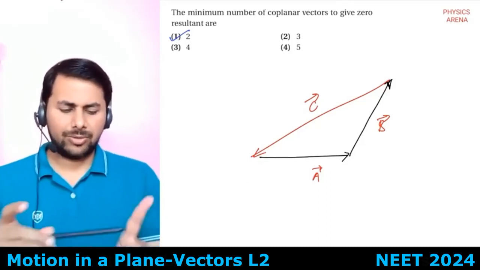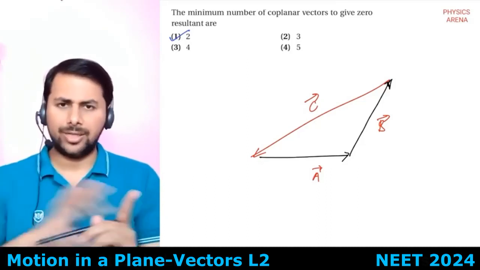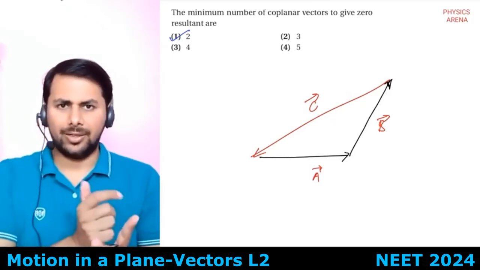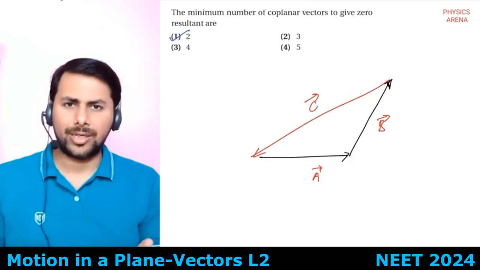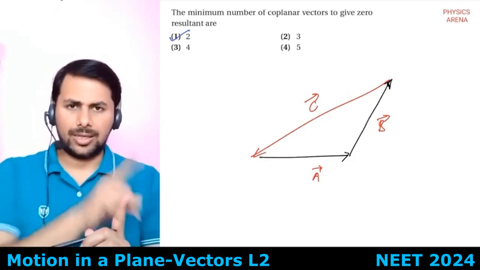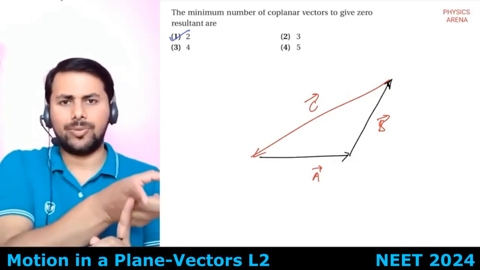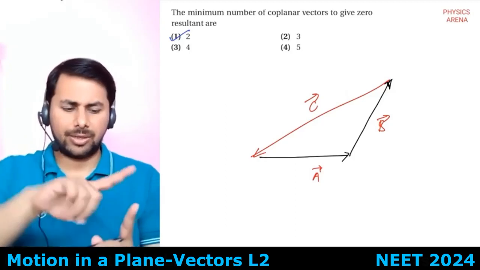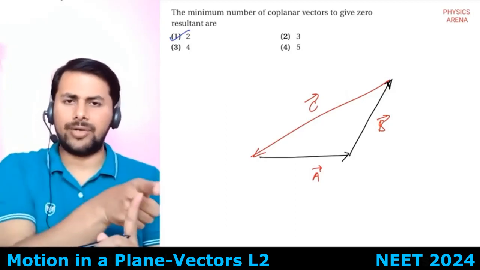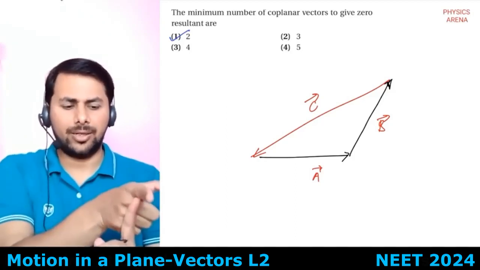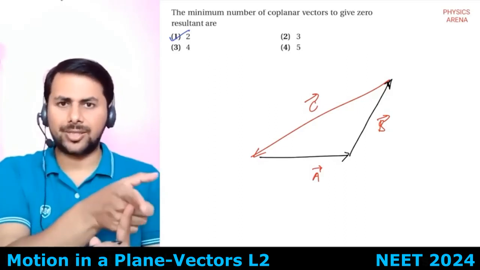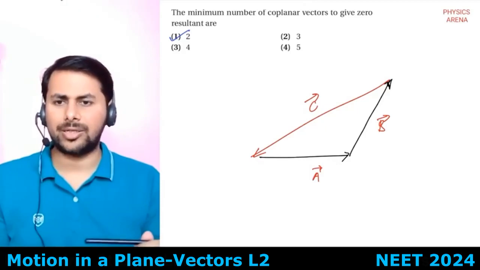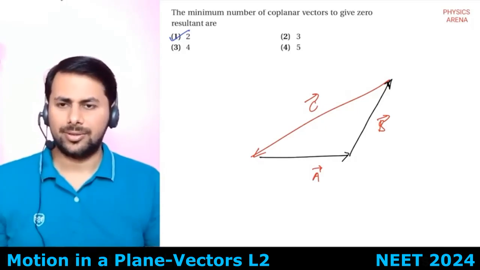Right? So I am using two vectors, any two vectors, they will be in one plane. Now I am saying I want non-coplanar vectors. So third vector I will use to take it out of a plane. I will not keep it in this plane. Third vector I will draw out of the plane. But now is the resultant 0? It's not 0. So to make it 0, I will need one more vector, right?